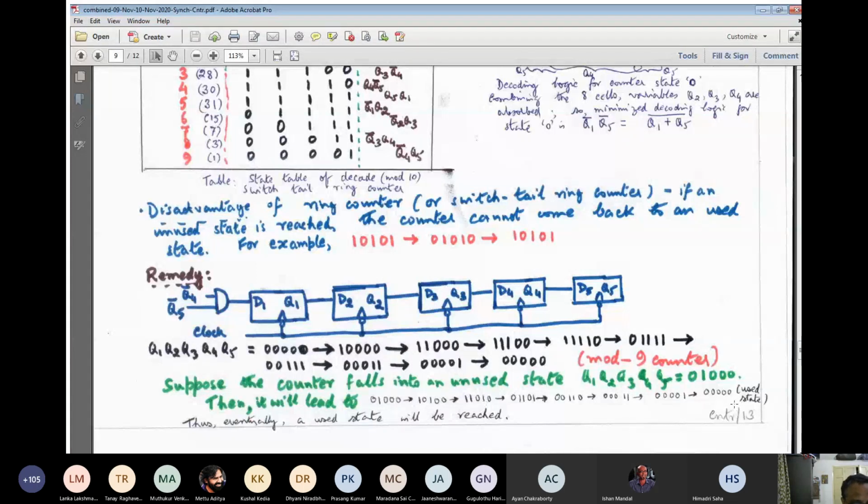So when it falls into a used state, then it will be able to recover from the error. So error recovery is possible only when the counter, even though it falls into an unused state, goes through some further unused states and then gets back to one of the used states. Okay, is it clear? So this is about the switch tail ring counter. Any doubt so far?